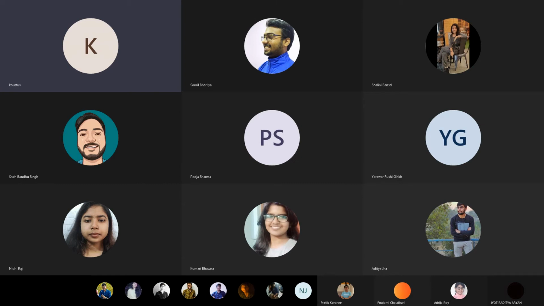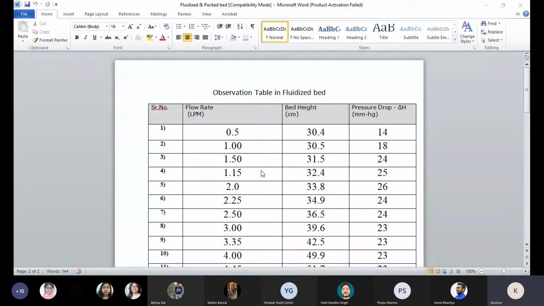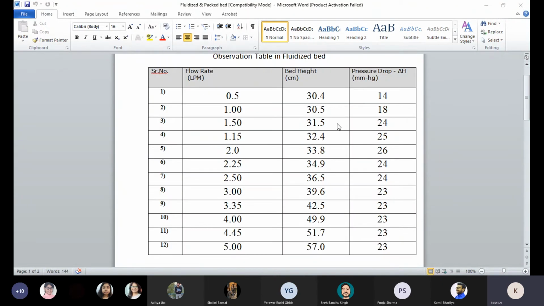You also see that the flow rate and bed height are given, and the pressure drop is also given. Bed height means the L; that L part is given to you. From the flow rate you have to calculate the velocity, and you have to identify graphically, from the experimental data, the point of fluidization.